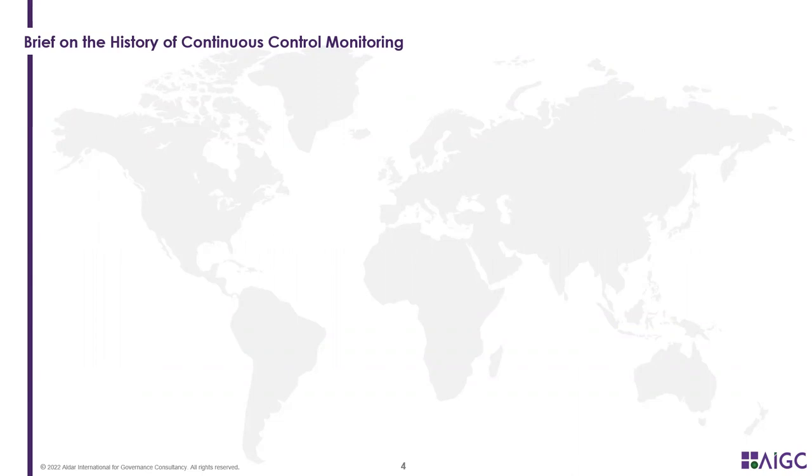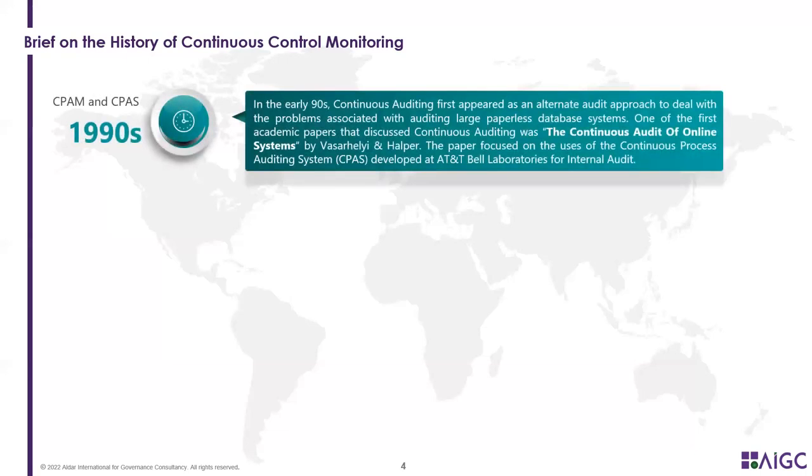The first time we started hearing about continuous auditing or continuous monitoring was actually in the early 90s or the late 80s, in a research paper developed at AT&T Bell Labs. This paper discussed the use of continuous audit of online systems, and it mainly focused on how we can audit paperless databases.